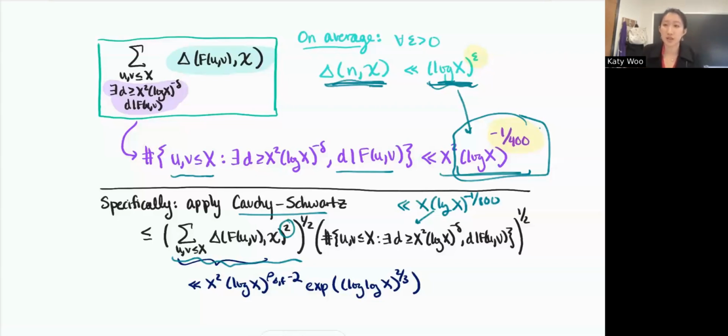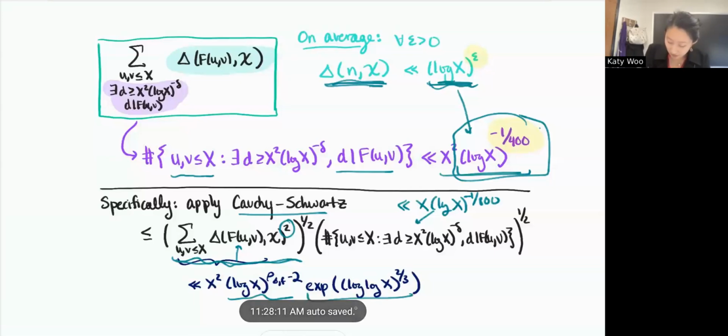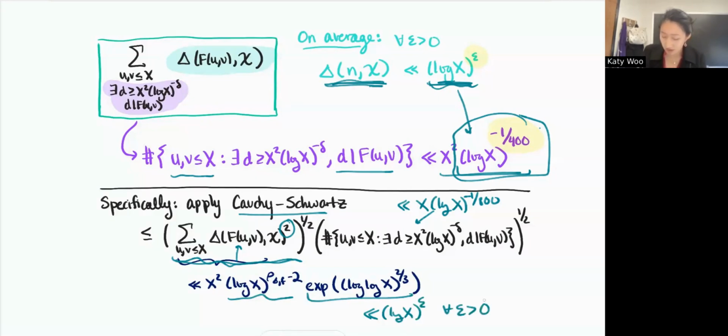And De La Bretèche and Tenenbaum showed that this sum, even when you're going along the polynomial values, will be bounded by x squared times log x to the rho minus 2 times a factor that's smaller than log x to the epsilon for all epsilon greater than 0. So as a result, the contribution from the large moduli will actually be an error term because we have this small power of log savings over the trivial bound.